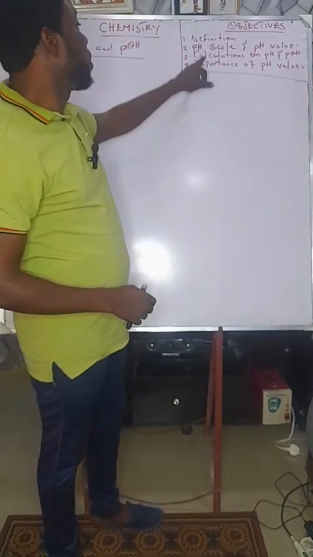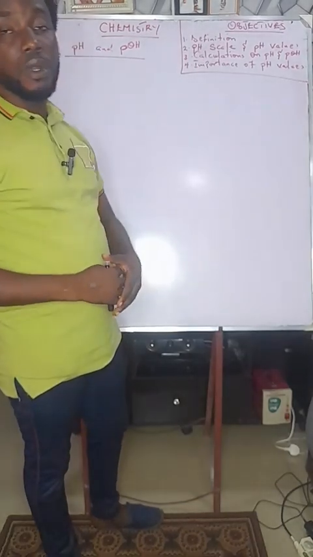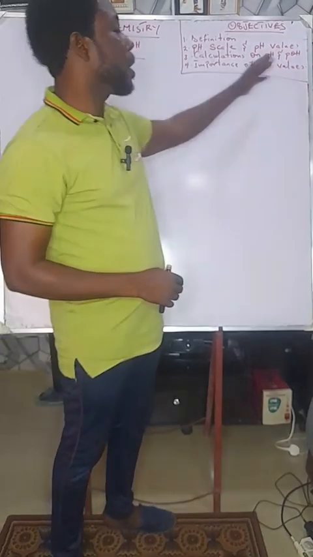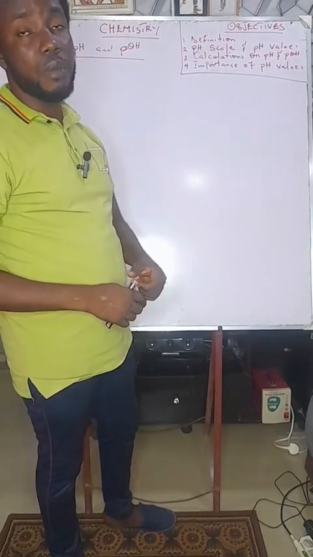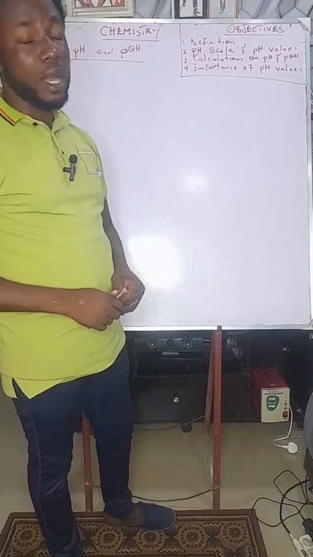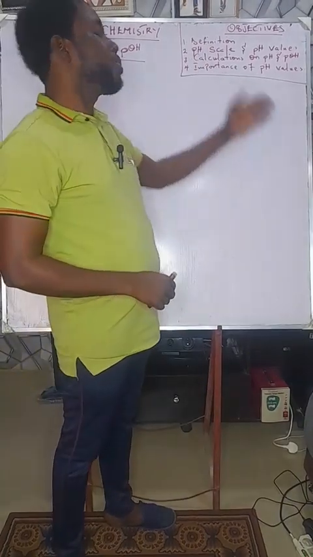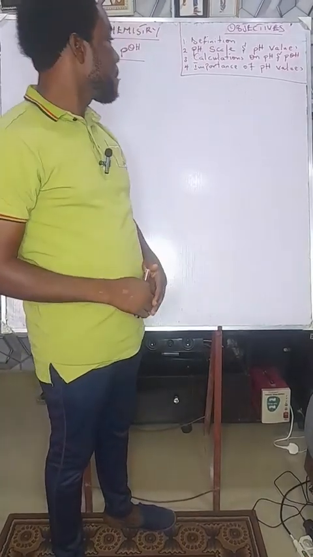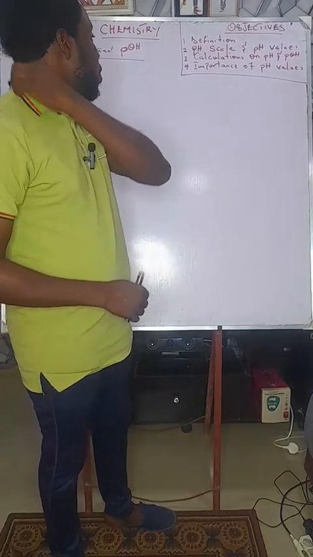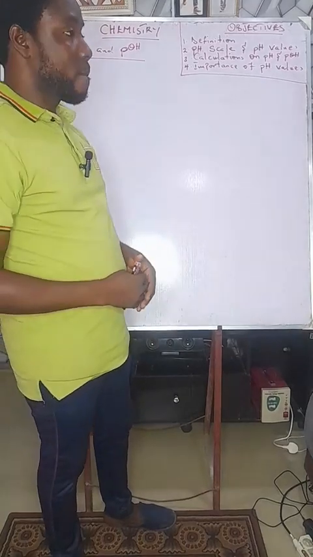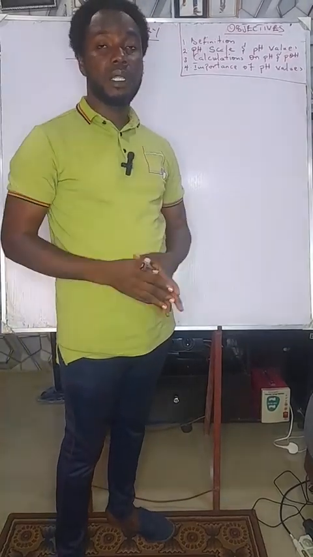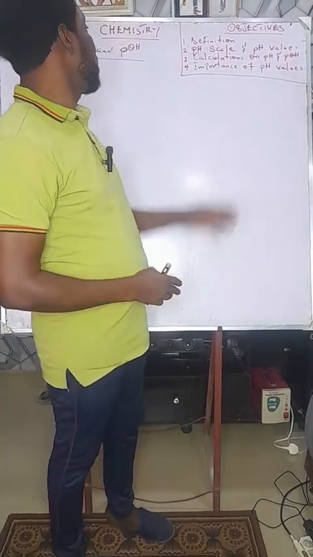As well, we should be able to solve some problems on pH and pOH, hydrogen ion or hydronium ion concentration, and hydroxide ion concentration. Then we should be able to note the importance of pH values. What is the importance of pH values to us, to society?